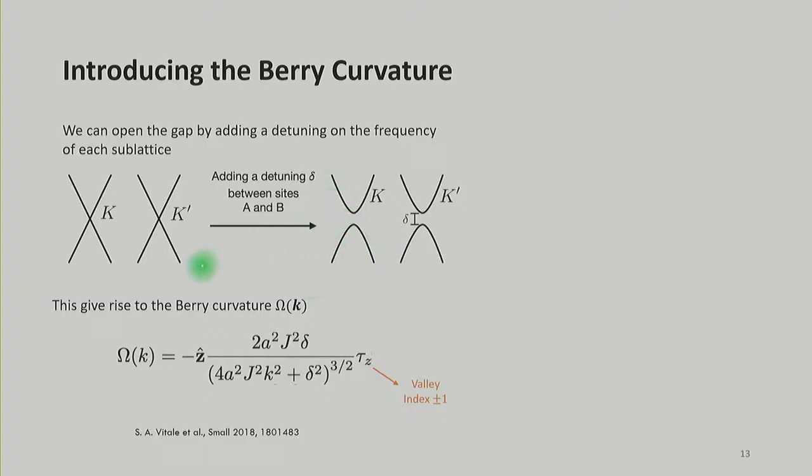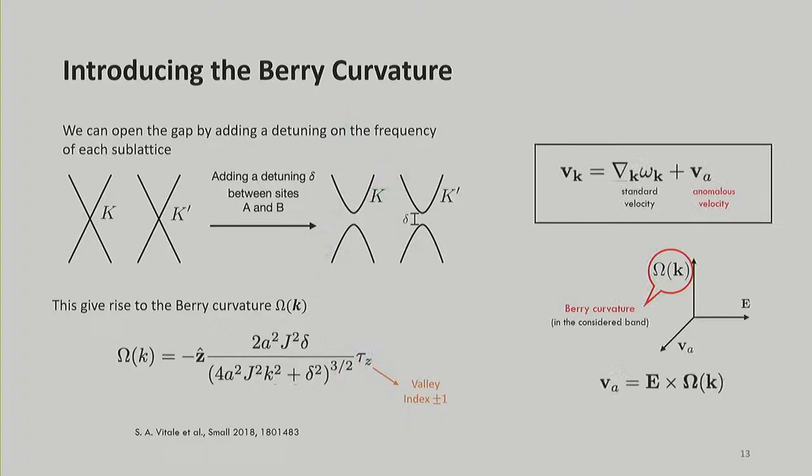We add the tuning between the sides A and B, and this makes a gap open on the lattice, and then we have this non-vanishing Berry curvature, which is perpendicular to the plane of the lattice and has opposite signs depending on the valley, right?